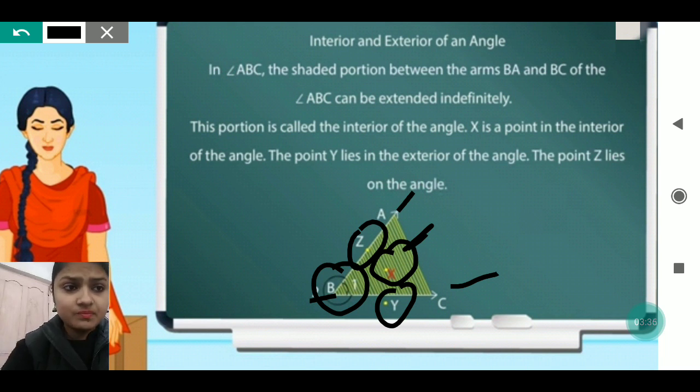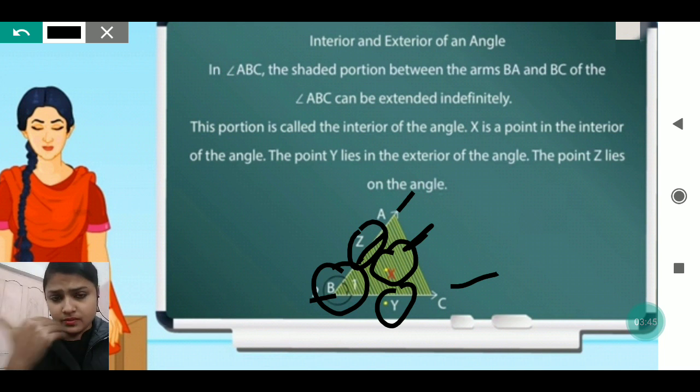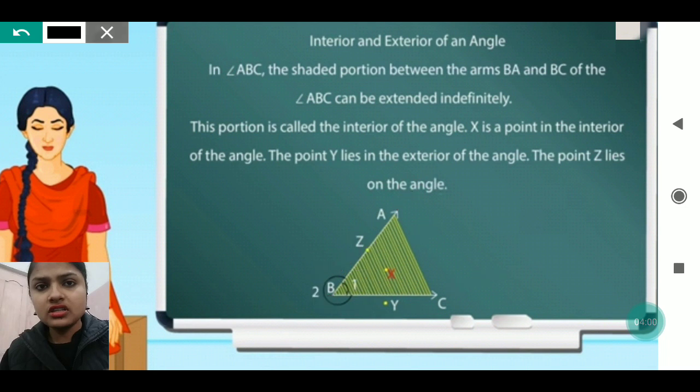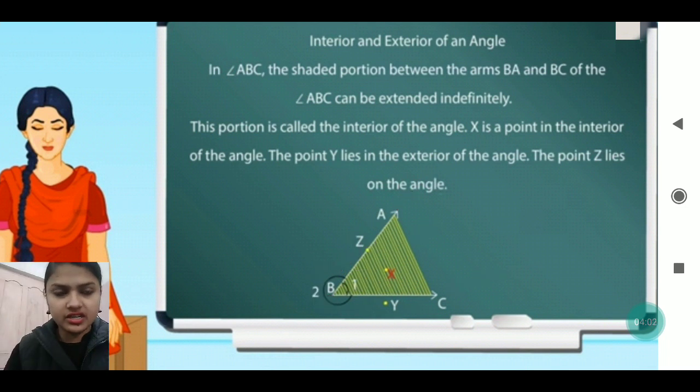So the points outside of the angle we have drawn are called exterior, and the points drawn inside the angle are called interior. This is the property of interior and exterior angles.